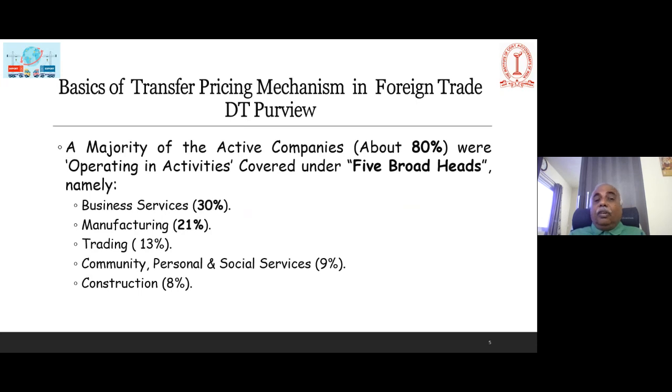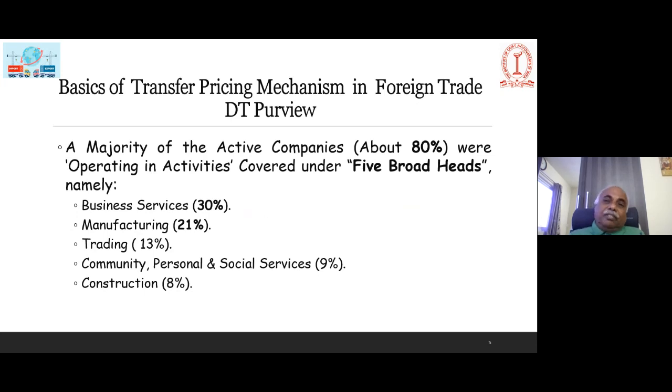And if you see the majority of the active companies, that is 80% were operating in activities covered under 5 broad heads. Before going into the subject, we have to know how much potentiality is there for this transfer price mechanism. For that, the data is also very, very important.